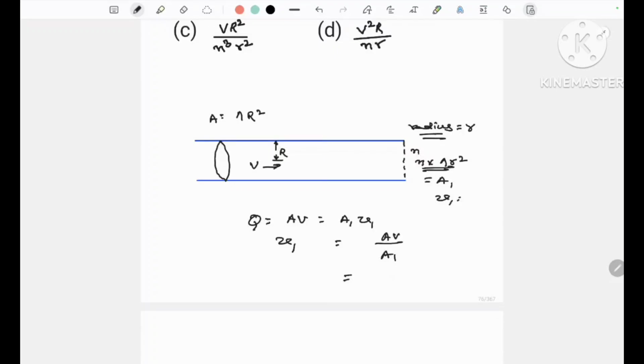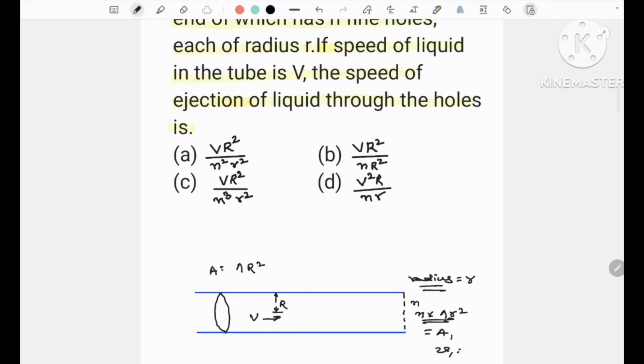A is pi R square into V by n into pi r square. पाई से पाई क्रॉस हो गया, V R स्क्वायर बाई n स्मॉल r स्क्वायर. वेलोसिटी होगी V R स्क्वायर अपॉन n r स्क्वायर. दिस B इज करेक्ट ऑप्शन.